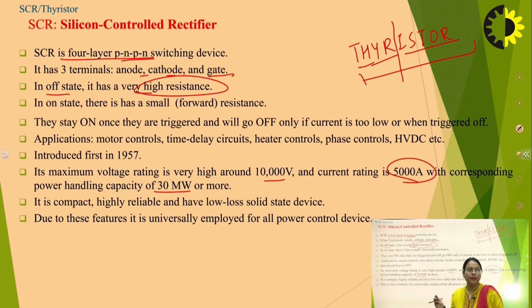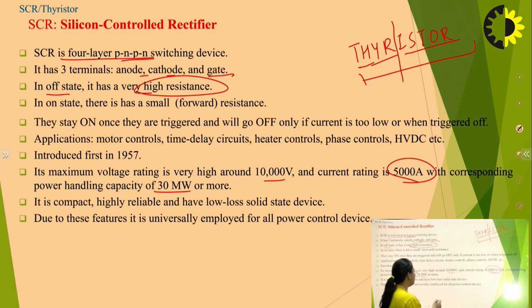This SCR is a very compact, highly reliable, low loss solid state device. As I told you, its construction is just like a transistor, which is a solid state device, and its operation is just like a thyratron tube.